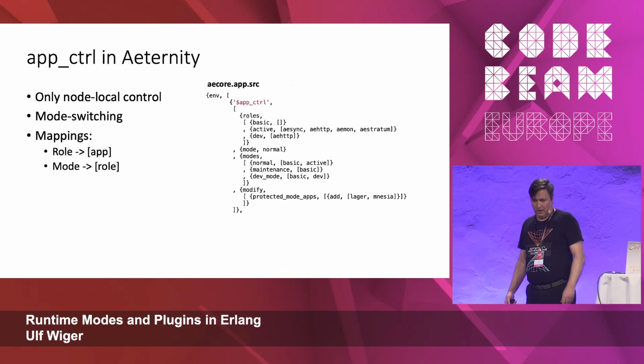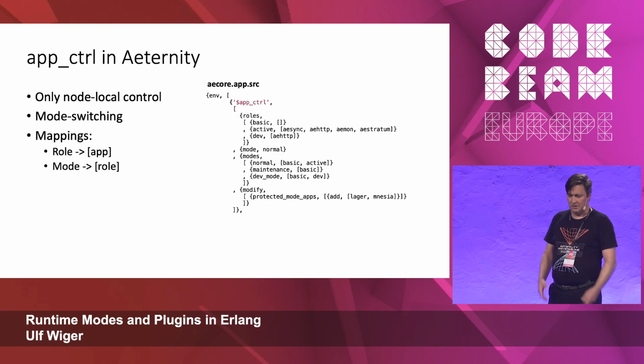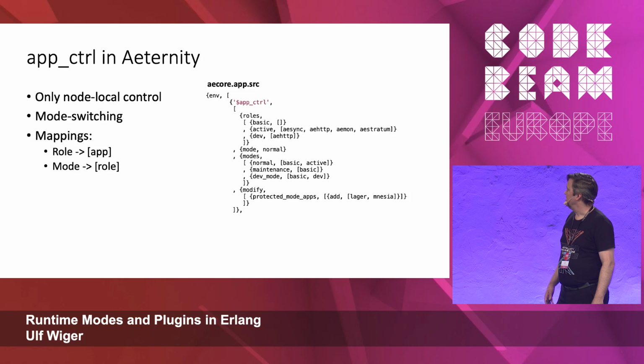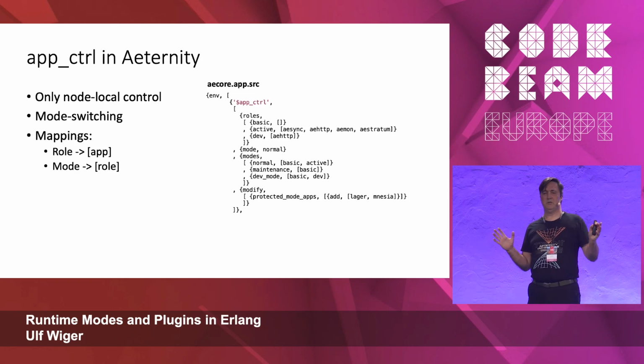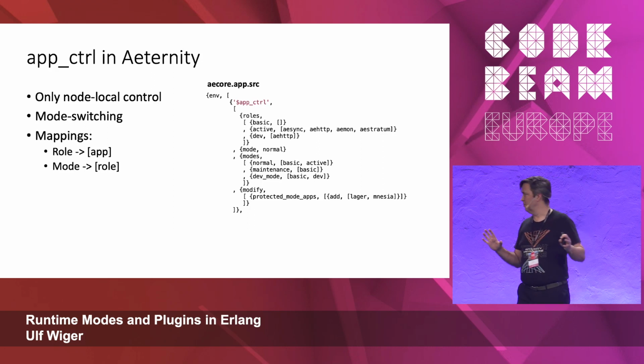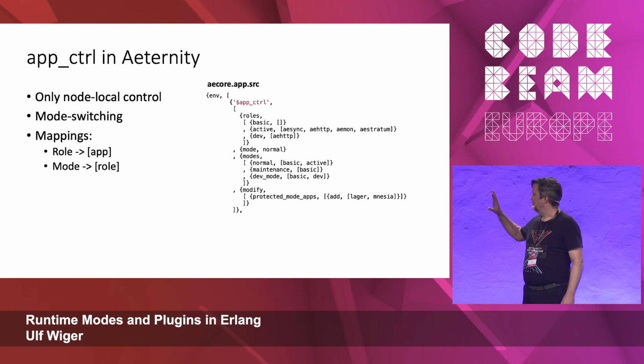So app control then. This is the successor of RCM. But since we don't have a distributed system, we're not using distributed Erlang at all, I haven't implemented any of the cluster control stuff yet. Just node local control.